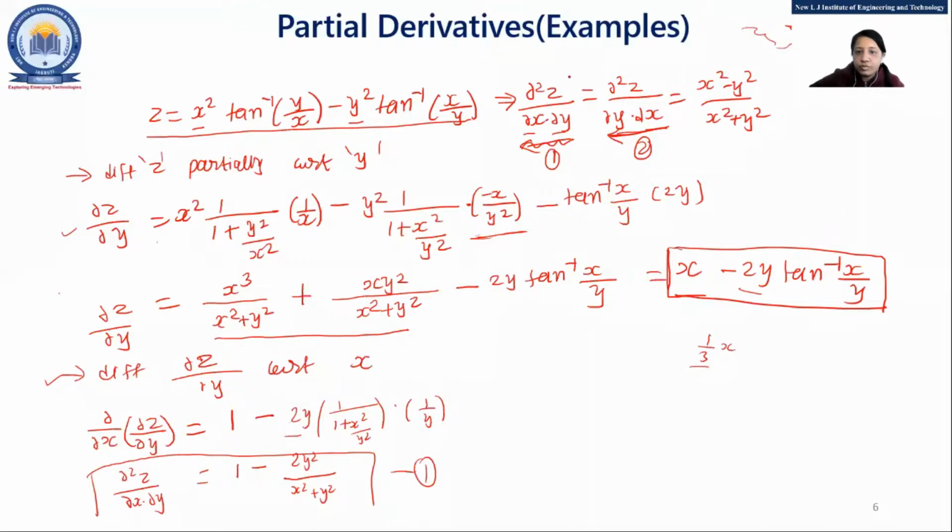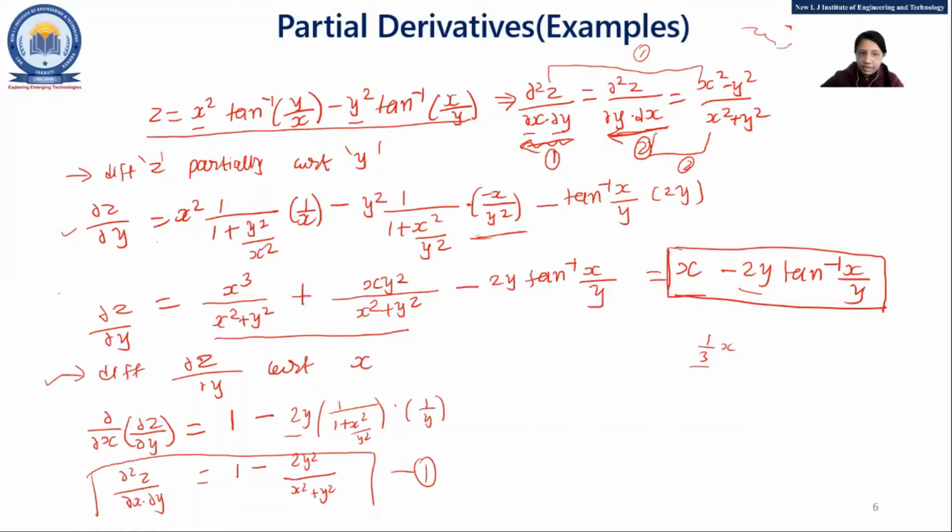So this we have proved, the first one. The second one is del square z upon del y into del x equal to this. How are we going to find that? If you simplify this, you will have your answer.